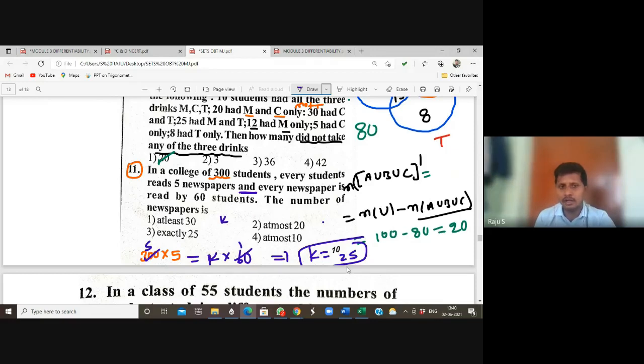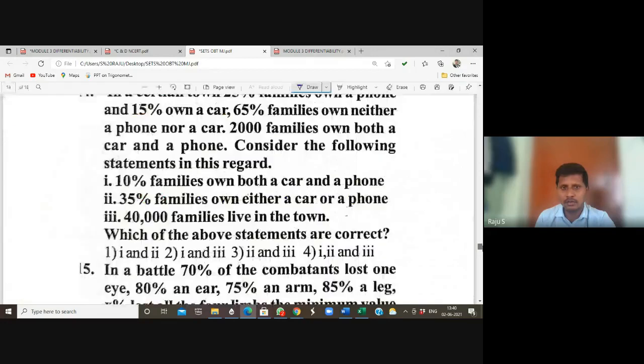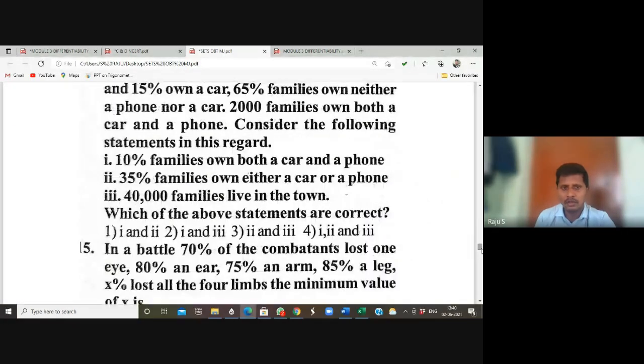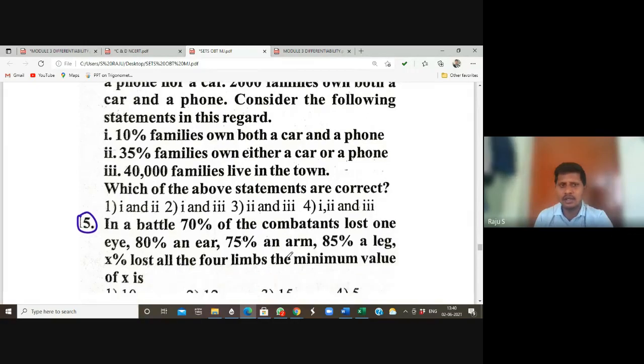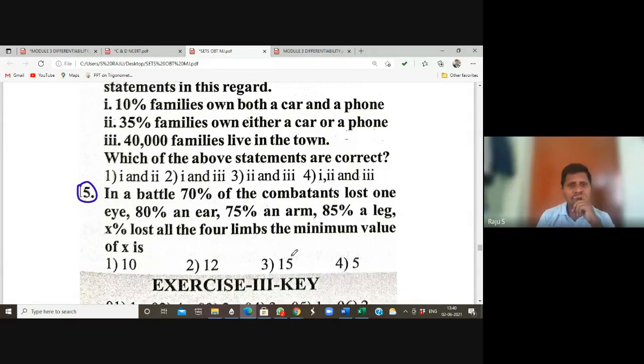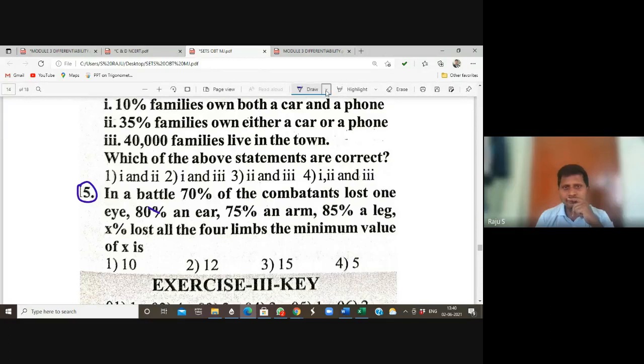Okay. And now I'm going to give one question. The last question. I'm choosing the question randomly. Can anyone try this question? Question number 15. What is the answer? What have they given actually?